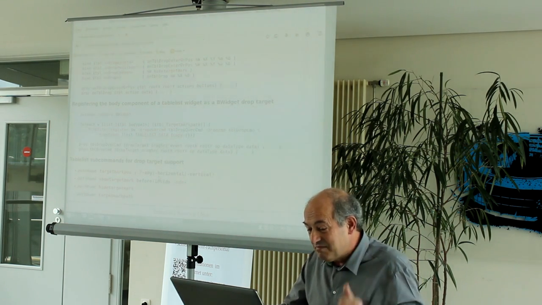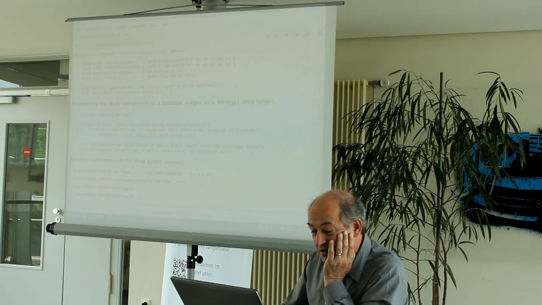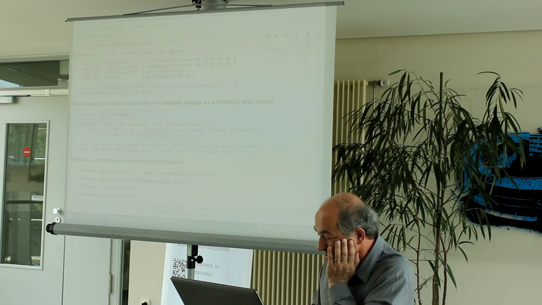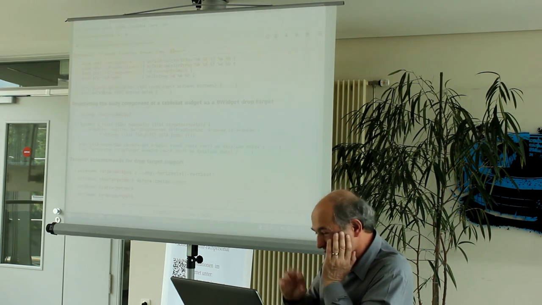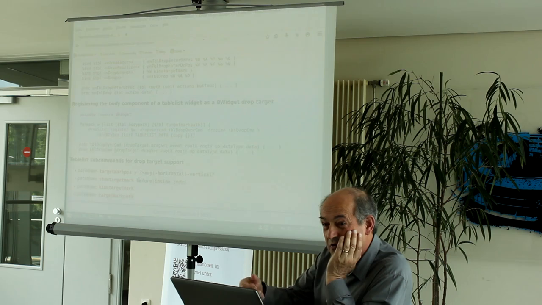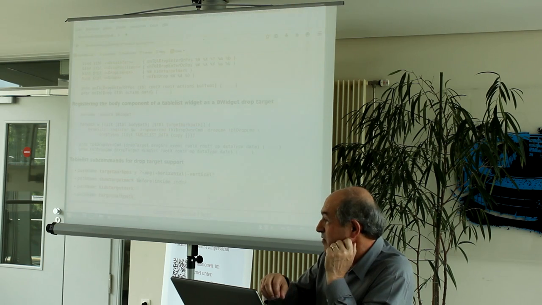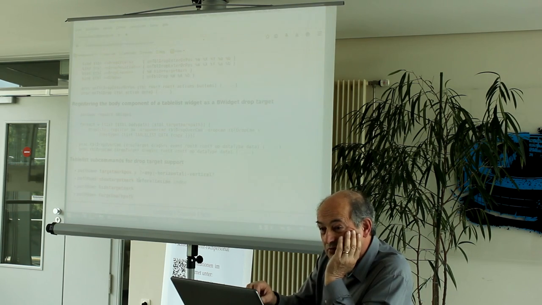That depends on what you want to do with your drag and drop. Sometimes you just want to insert siblings, to insert a sibling before a row. Sometimes you want to update the data of a row.